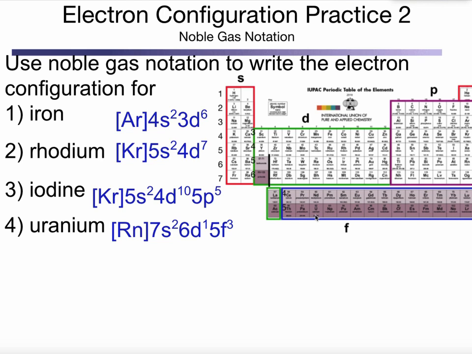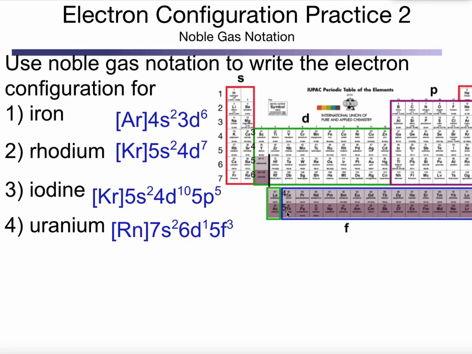So remember, if we look at period 7, this is 7s and 7p. We've got this whole row of elements that is 6d, as well as the actinium. And then this is 5f. So the f orbitals are even longer and skinnier than the d orbitals, and they fill up very, very late.